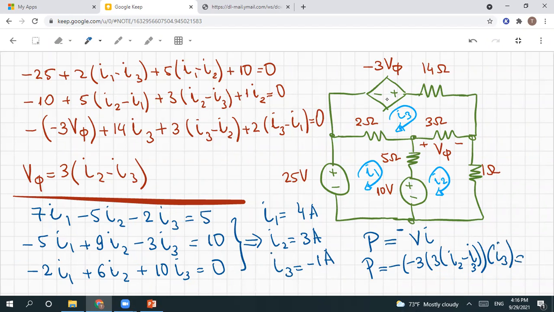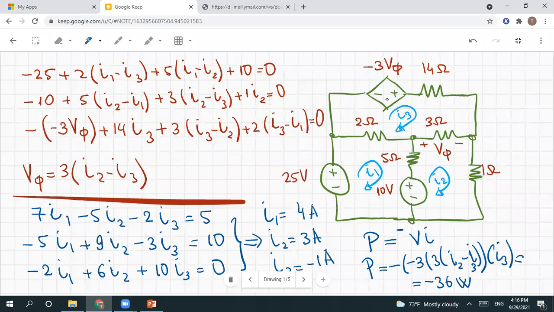And if you plug the numbers, it will be negative 36 watts. So the power delivered to this source is negative 36 watts, which means this source is delivering, giving us 36 watts.